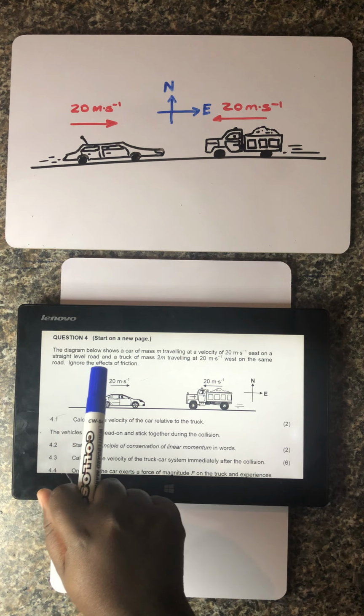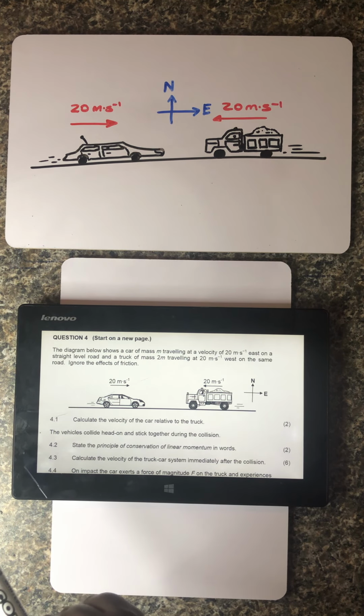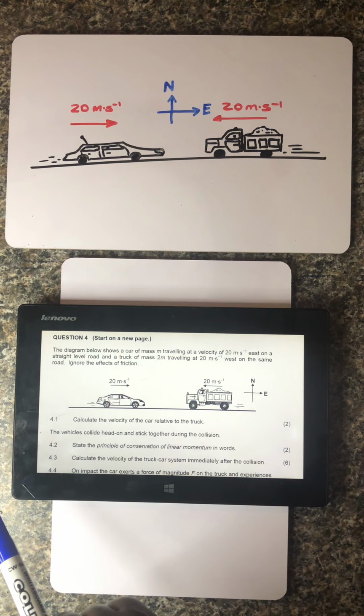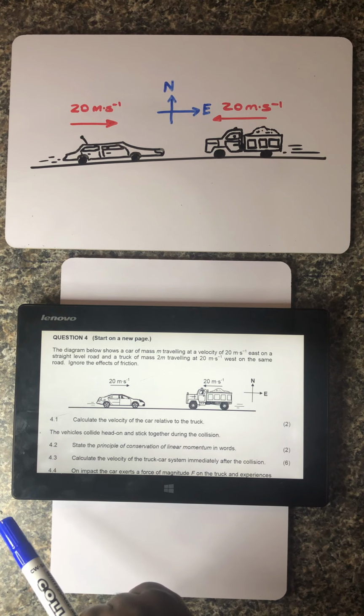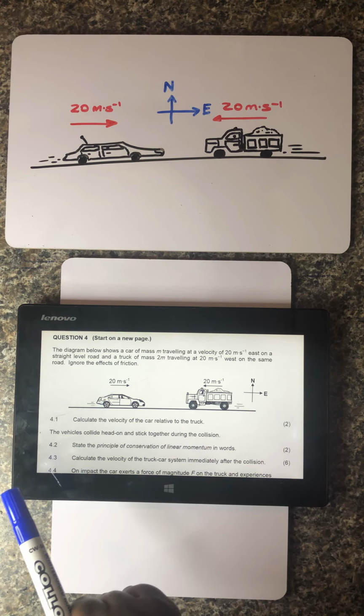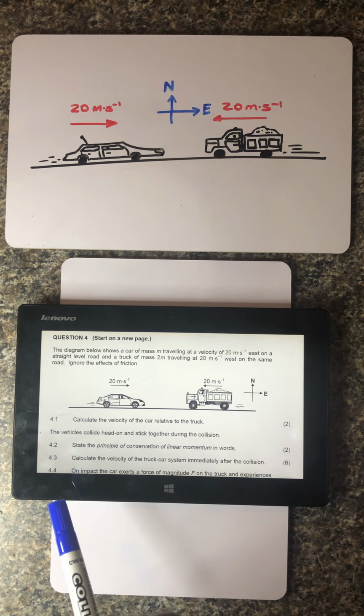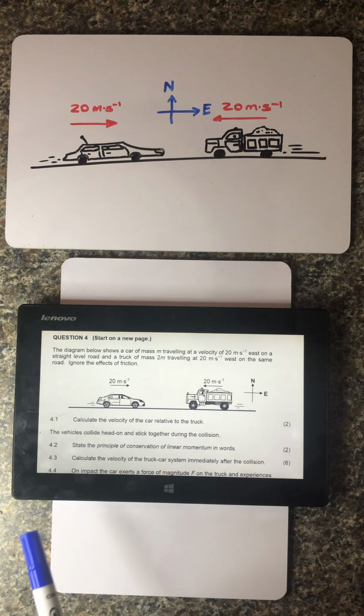The diagram below shows a car of mass m traveling at a velocity of 20 meters per second east on a straight level road, and a truck of mass 2m traveling at 20 meters per second west on the same road. Ignore the effects of friction.